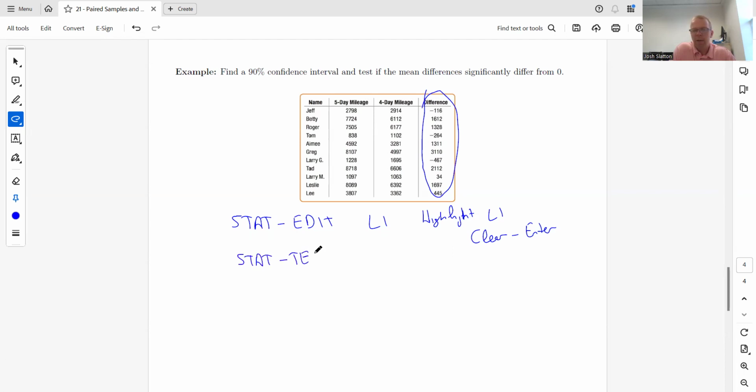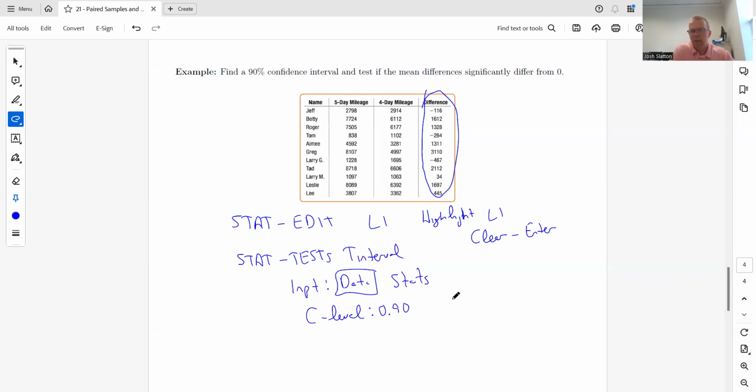We're going to go to test, and then we're going to go to t-interval. And now instead of stats, we need to select data. And then everything's pretty much done for us. You just need to make sure the C level is on 90%.